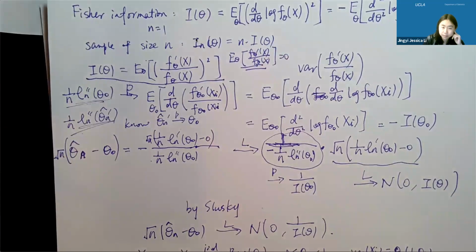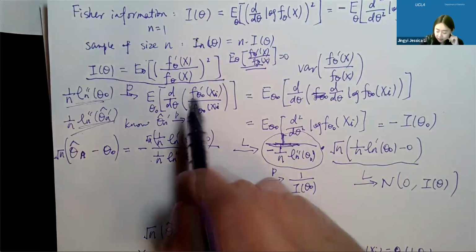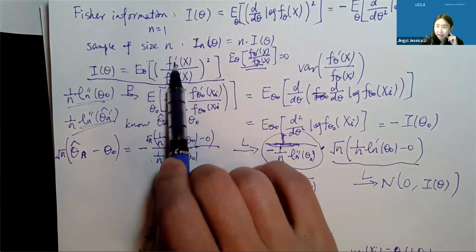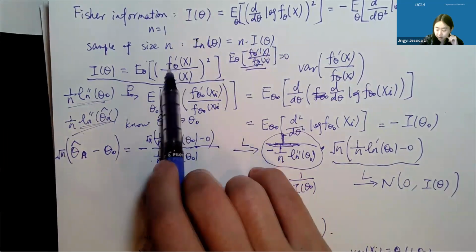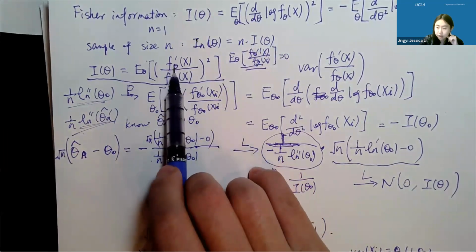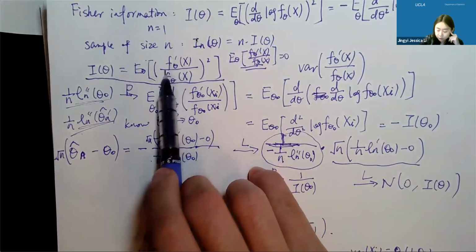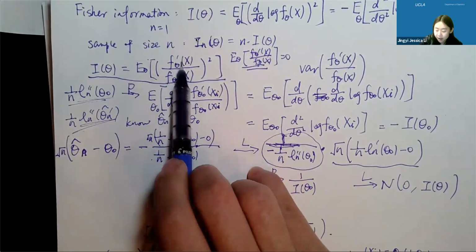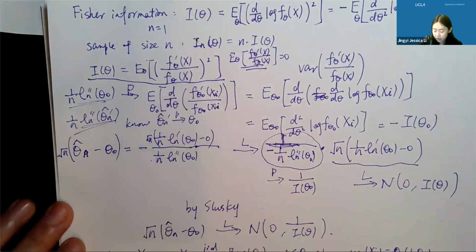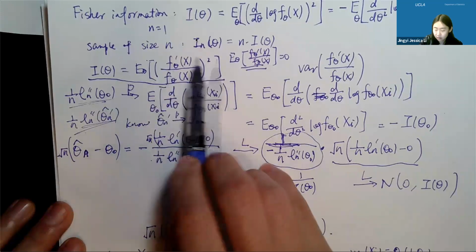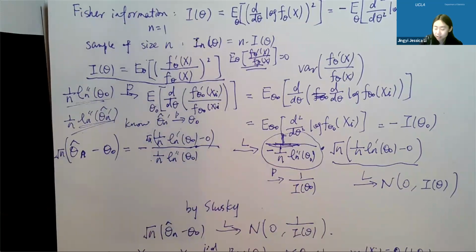The numerator is the derivative of the density function, and the derivative is regarding changes in theta. So if you take theta to be left or right of its true value, how fast does the density function change? And here we take the square, so we don't care about the sign of the derivative.